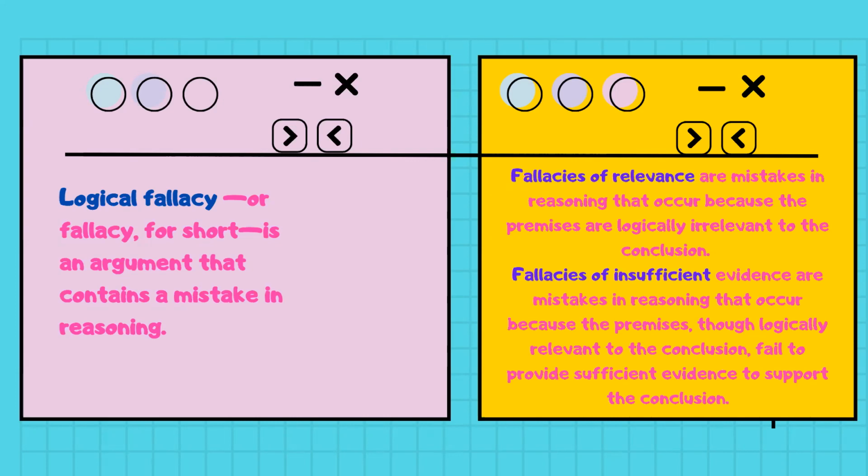Fallacies of relevance occur in arguments when the premises are logically irrelevant to the conclusion. Fallacies of insufficient evidence are mistakes in reasoning that occur because the premises, though logically relevant to the conclusion, fail to offer sufficient evidence to support the conclusion.